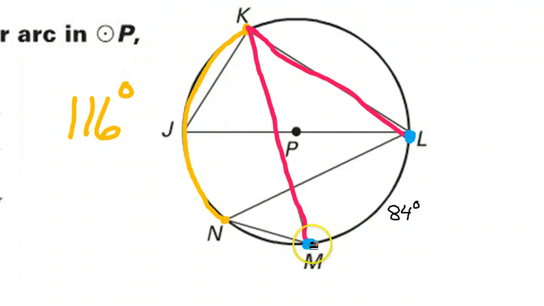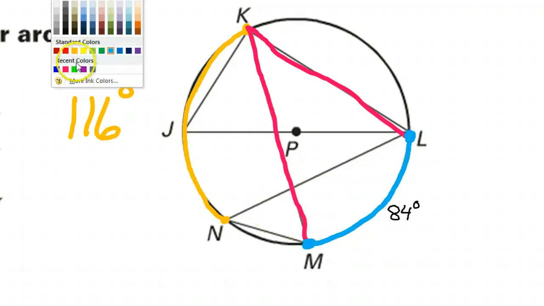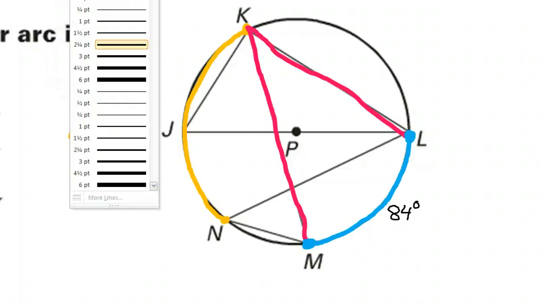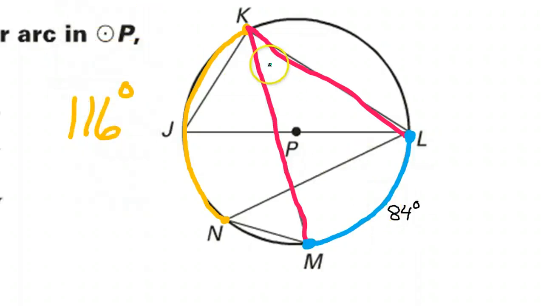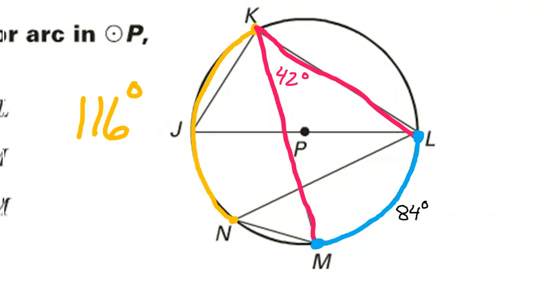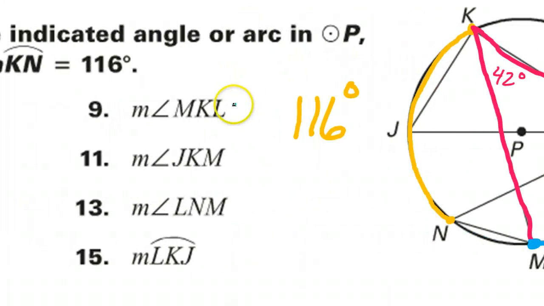That's where it touches the circle. It doesn't really end there, but that's where it touches the circle. This is the intercepted arc. That means this problem is going to be really easy, because the inscribed angle is half the intercepted arc. So if the arc is 84 degrees, then the inscribed angle is 42 degrees. That's the answer to number 9: 42 degrees.